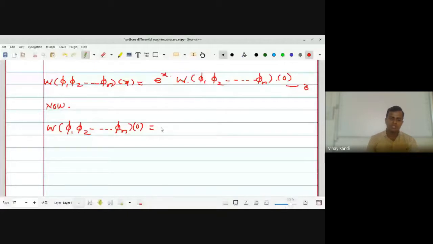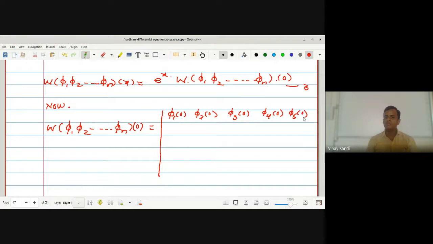What we get here? तुमचं काय Wronskian म्हणजे काय? phi 1, phi 2, determinant. phi 1 of 0, phi 2 of 0, phi 3 of 0, phi 4 of 0 and phi of 0. ओके, लिहूयात का? लिहूयात. Okay, and phi of 0. ओके, ह्याची व्हॅल्यू तुम्ही काढायची आहेत बरं का नीट.